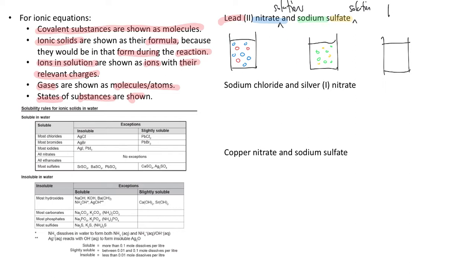One of them, lead sulfate, is insoluble and it will form a precipitate. So the lead sulfate is the blue and the yellow. The blue and the yellow are going to form a little ionic solid at the bottom. That's going to form a precipitate.